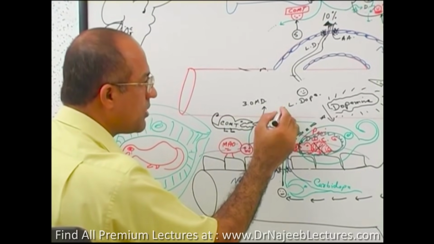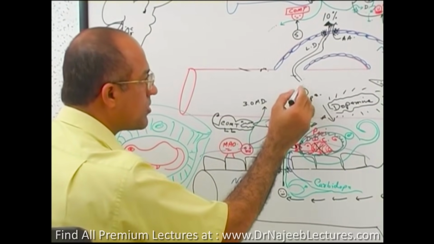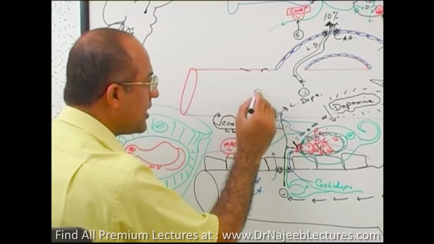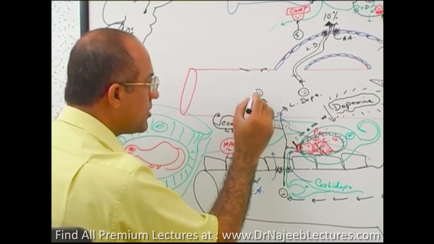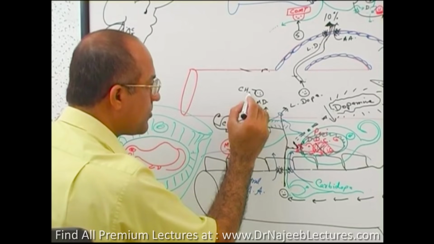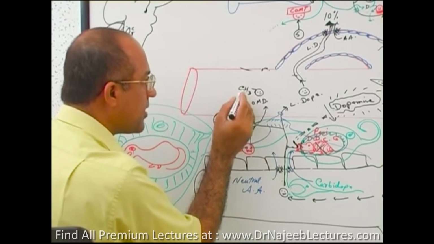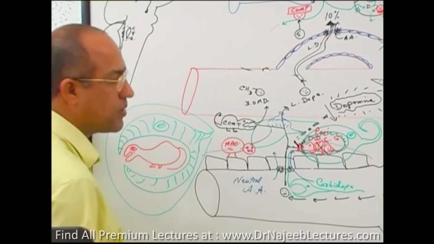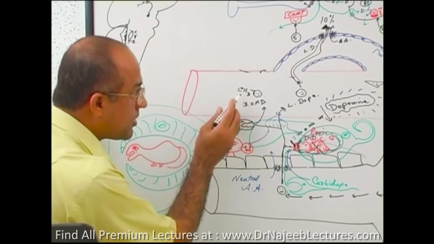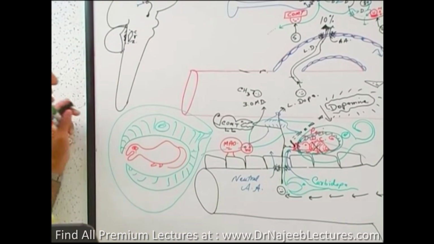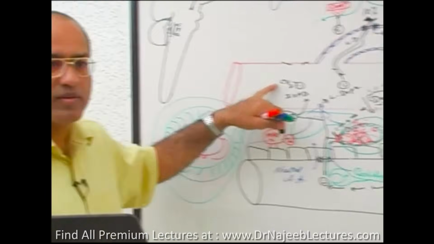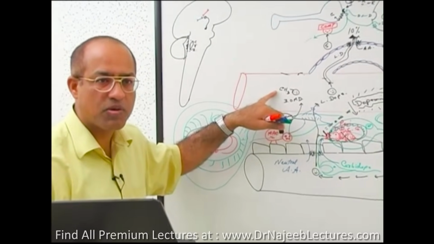This is your original levodopa going, right? And this is methylated levodopa. Now methylated levodopa cannot be converted into dopamine. Because it cannot be converted into dopamine, it is a waste metabolite.